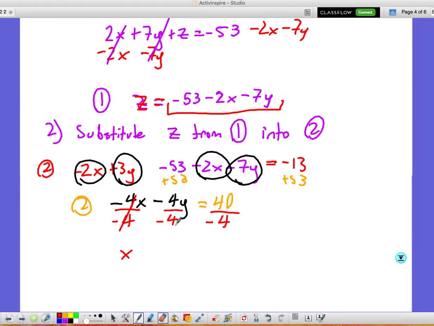Negative 4 divided by negative 4 again becomes positive 1, so we have plus y. Then 40 divided by negative 4 is negative 10. If we just divided by 4, we would have negative x minus y equals 10. We want to make the variables positive, so that's why we divided by negative 4. This is now my new second equation.